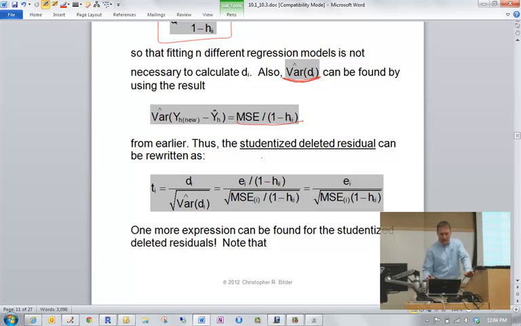So what that leads us to is, if I put this component into d sub i, into the variance, this MSE is still with respect to removing the ith observation. I'm almost there. I almost have a statistic that I can calculate without having to estimate n different models.